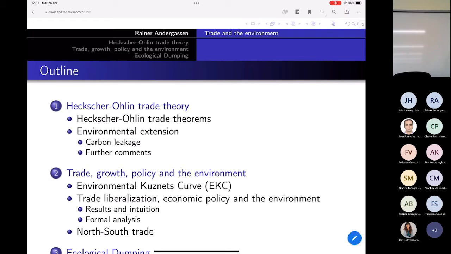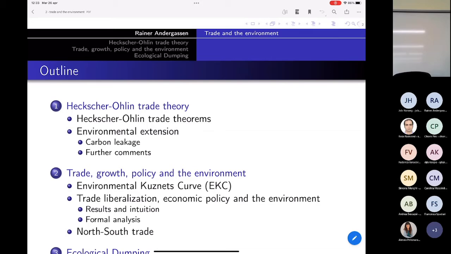Policymakers, when implementing environmental policies, are really worried about consequences for their industries and not only for the environment. Because remember, the problem is that CO2 emissions and their impact on climate change is a global problem, not a local problem. So what we would like to do is reduce CO2 emissions globally, not just locally.